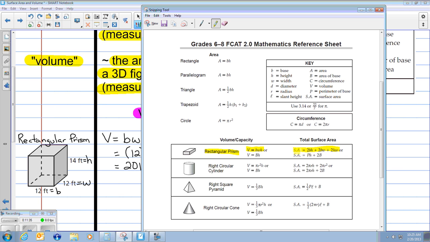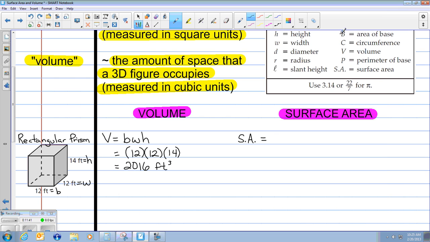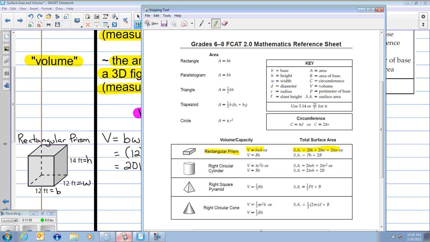All right, so for surface area, we need 2BH plus 2BW plus 2HW. Sorry, they have 2BH.